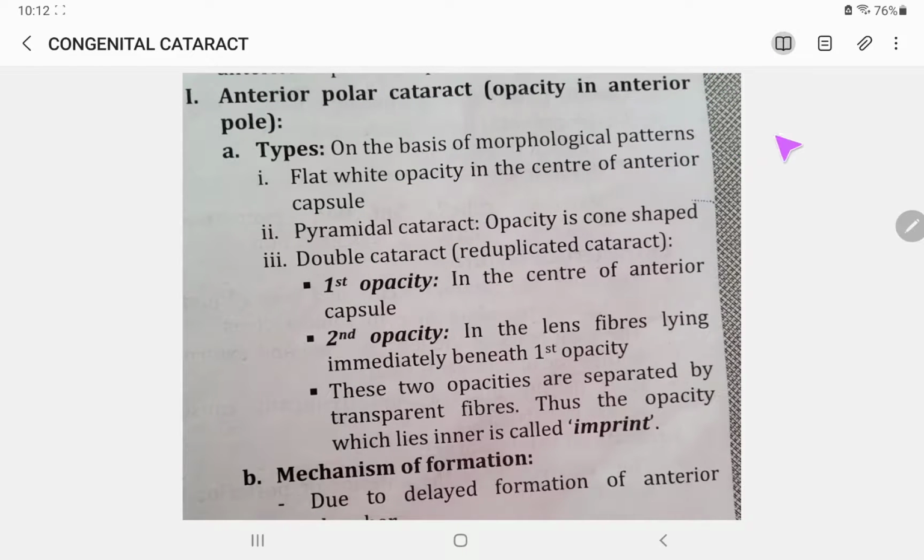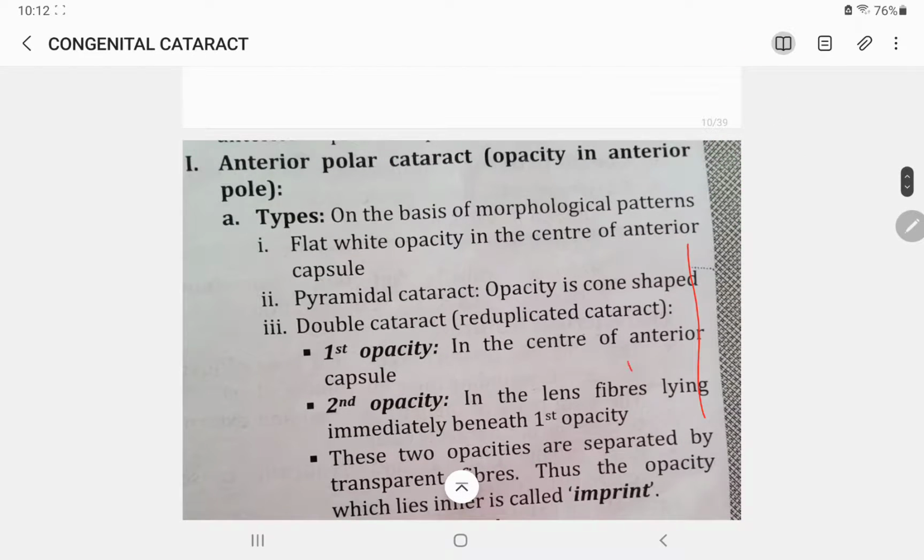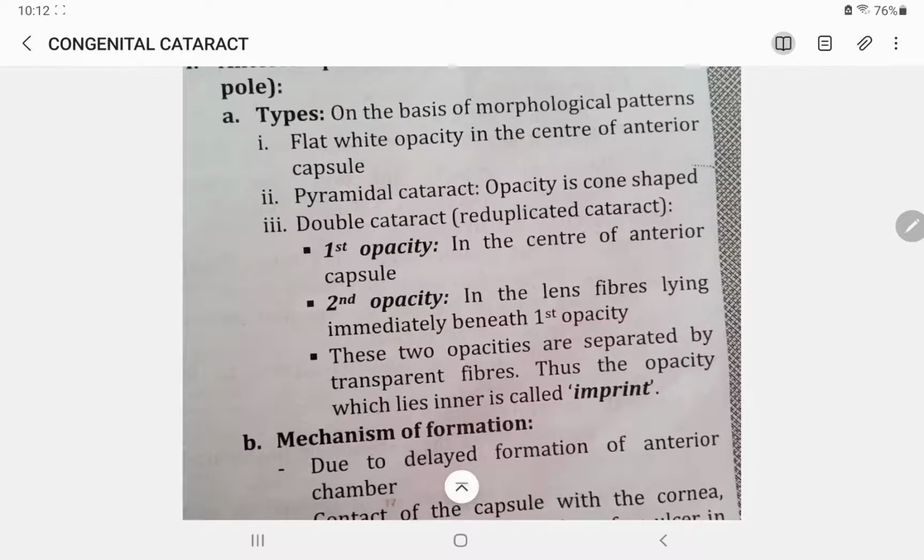Double cataract means doubling, it's in the name. The first opacity is in the center of the anterior capsule, and the second opacity is in the lens fibers lying immediately beneath the first opacity. So this is the anterior capsule, and in the center the first opacification happens.